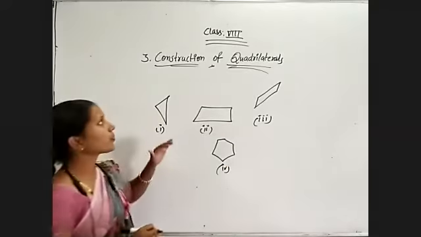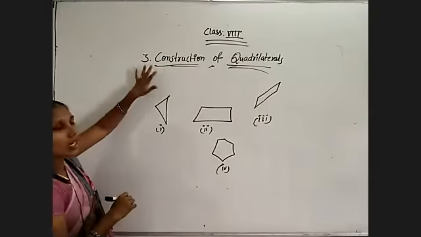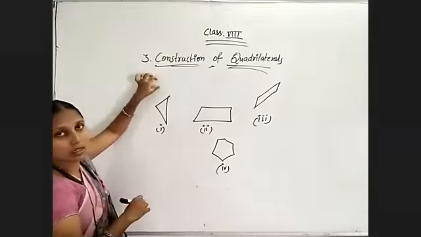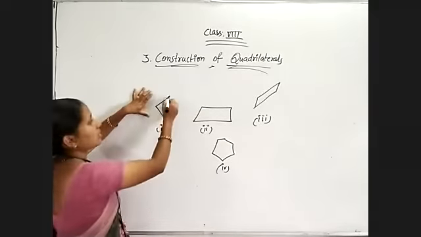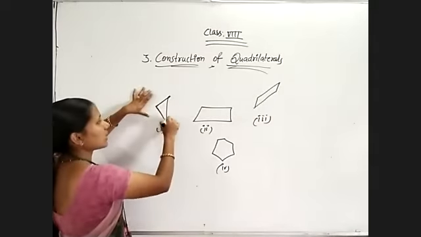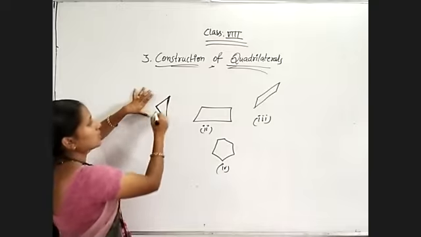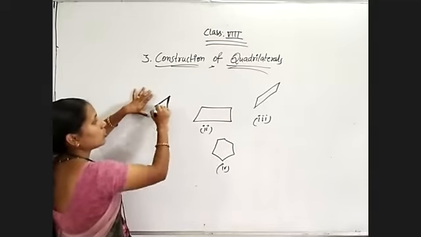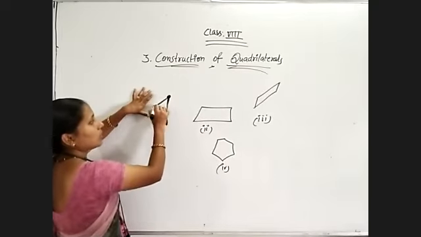Now tell me. Observe, count the number of sides of the given figures. Okay, this is my first figure. How many sides are there? How many line segments are there in this? 1, 2, 3.